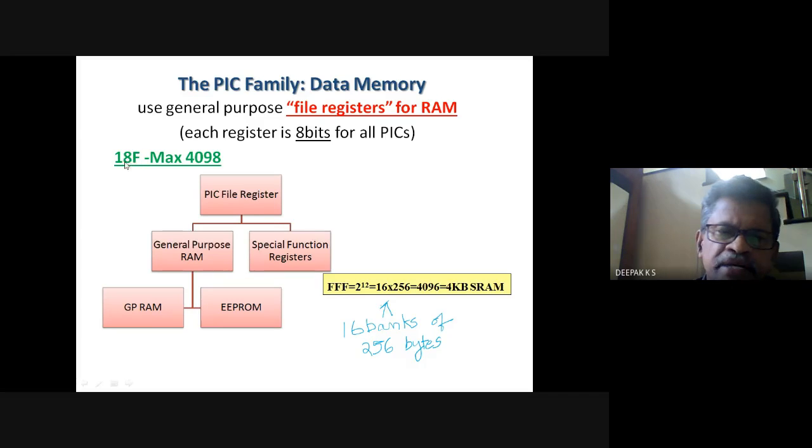And in the PIC18 family, the maximum RAM is 4096, because why? The address is 12 lines for the RAM.